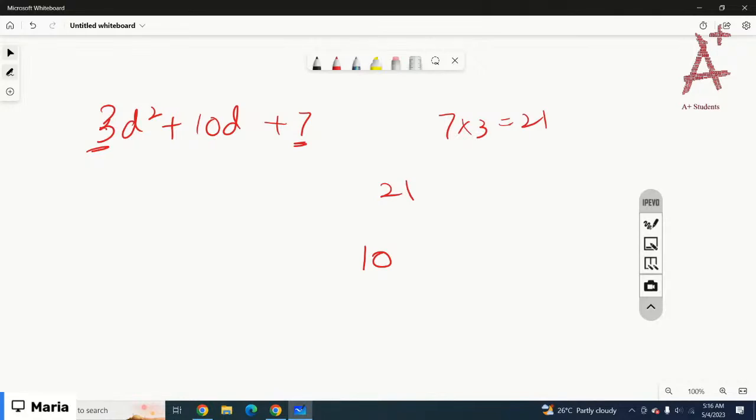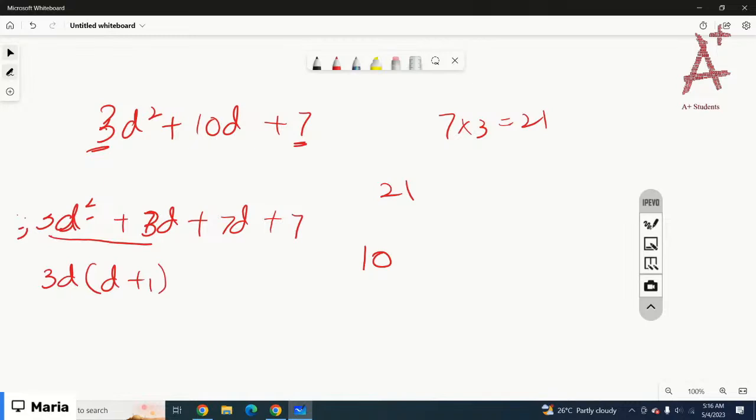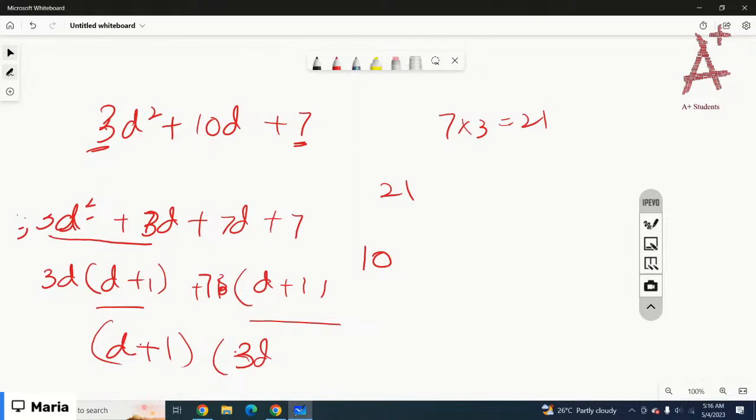Okay, so 7 times 3 is 21. So that means you need to break down 10. So you can break it down as 3d plus 7d plus 7. So we can take common 3d here and you are left with d plus 1. And you are going to take common 7 and you are left with d plus 1. Got it? Okay, so d plus 1 and d plus 1 is a common factor, and you are left with d plus 1 and 3d plus 7. That is the correct option.